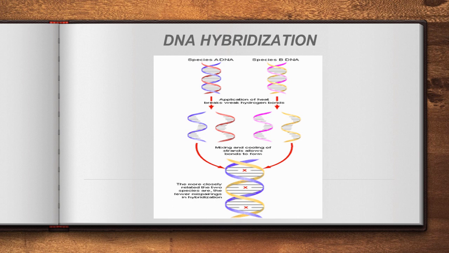Both DNAs separate from each other, as in the second figure, and then recombine. A combines with B and B combines with A, right? So a new hybrid variety is produced. With this technology also they can analyze these species. Understand?